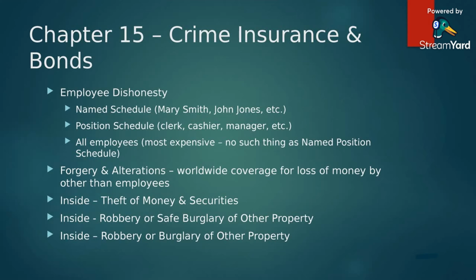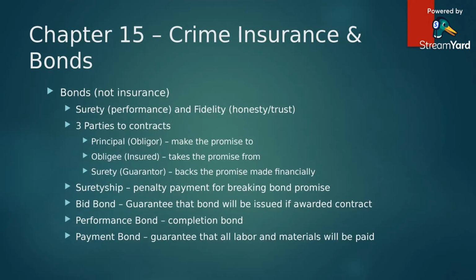In this case, again, you have to have the visible evidence of forcible entry or exit required for the claim to be able to be covered. And that is the extent of generally what they test on crime insurance for the Texas insurance property casualty initial licensing for general lines.